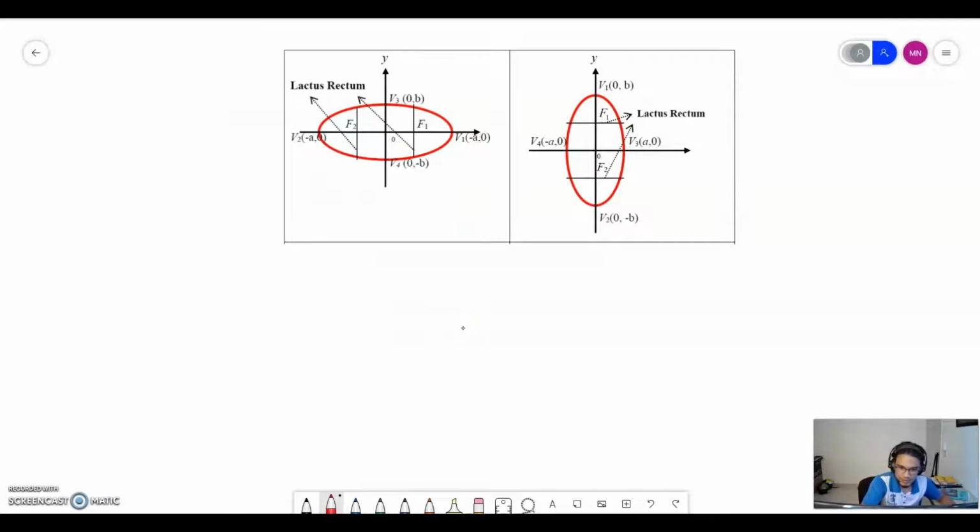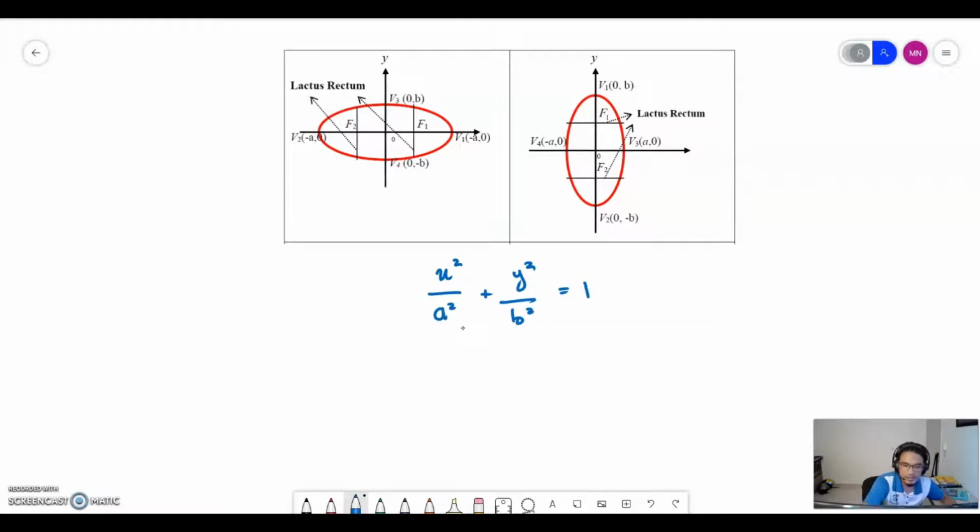So for the summary, we have two kinds of ellipse. One that appears horizontally and another one that appears vertically. Both ellipses, horizontal and vertical, share the same equation, that is x square over a square plus y square over b square equal to 1.